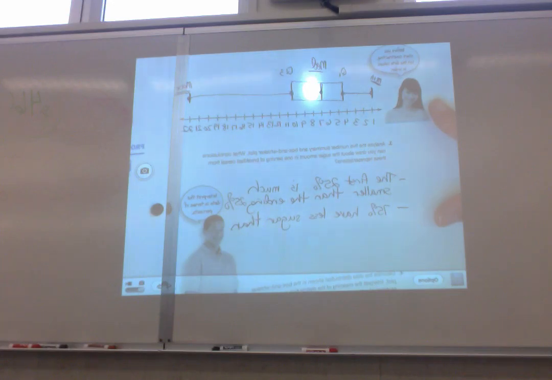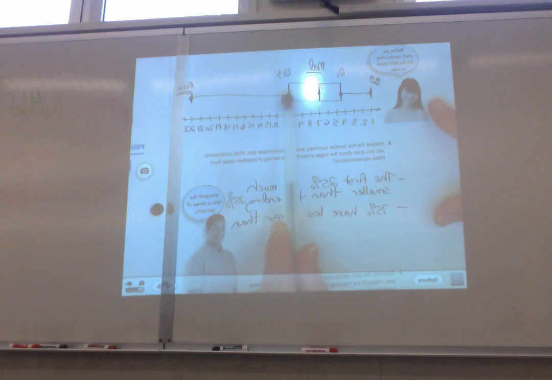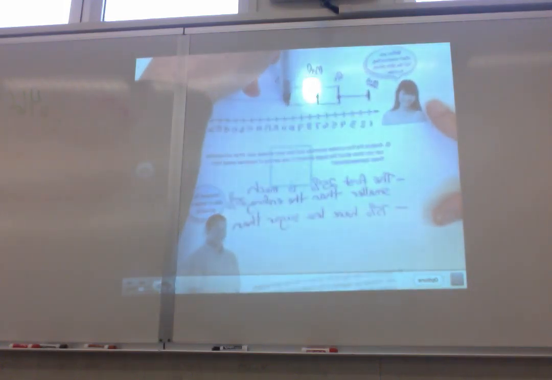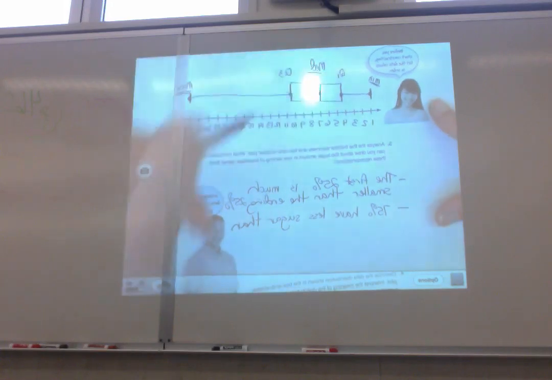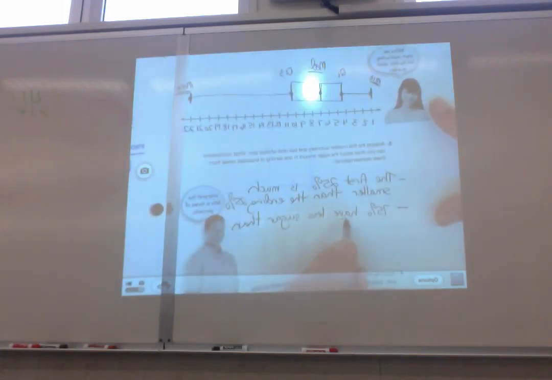What's the spot where they have less? Here's the 75%, right? Q3. How much sugar was that? 75% have less than 10.5 grams of sugar. That would be the best way to say it. Okay?